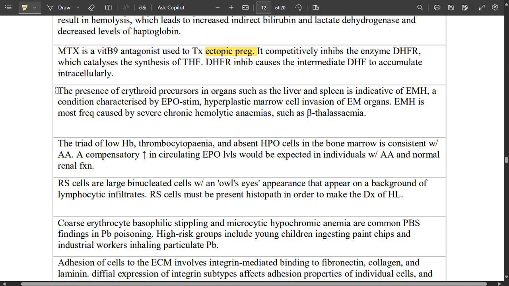So extramedullary means not inside the bone marrow. The hematopoiesis, that is hemoglobin, WBCs, RBCs, platelets, all of them are synthesized now not in the bone marrow, but in the liver and spleen.